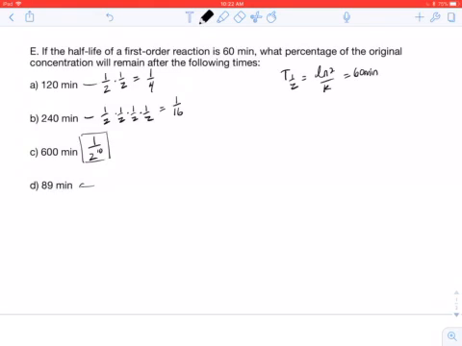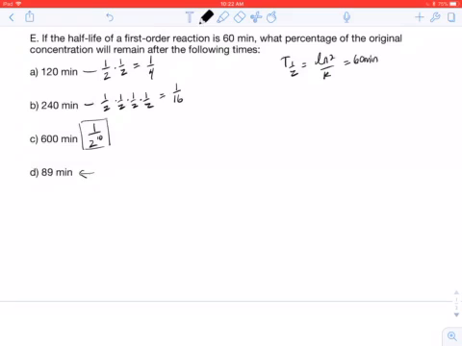Now 89 minutes is not a perfect multiple of the half-life. To solve this problem, we need to use the integrated rate equation. All right. And we'll have to plug in some things to calculate some percentages.